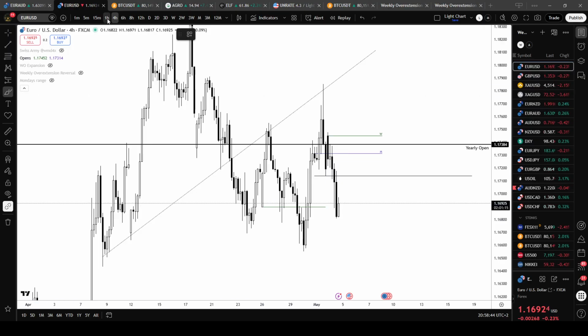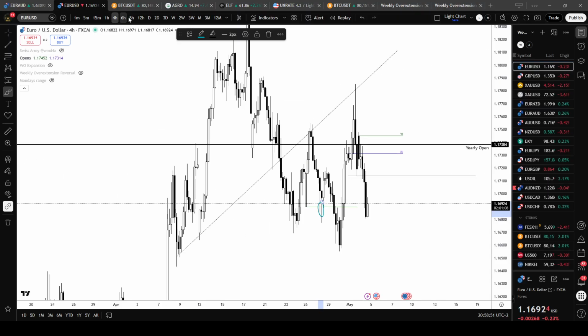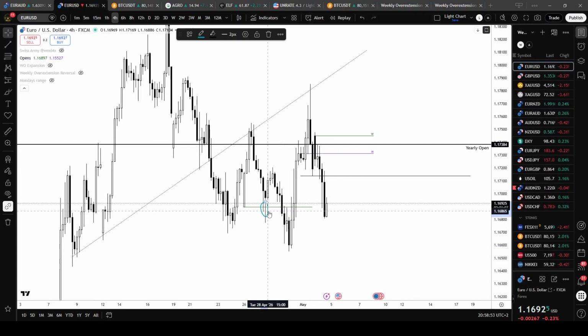What looks like a market breaking down on the H1 looks like a simple test of support on the H4, and you can see how it really pays to wait for the market to close below a level on the H4 instead of taking the H1 signals, because a lot of times you're just gonna get trapped.